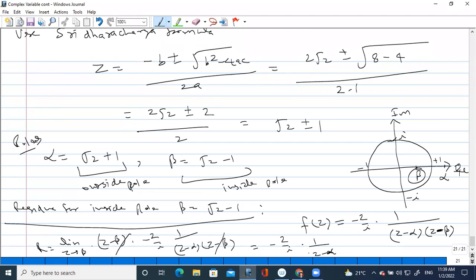Sorry, Z I am writing beta, so it will be beta minus alpha. So what is the value of beta minus alpha? Beta minus alpha will be √2 will be cancelled. Answer is minus 2. So minus 2 to minus 2 cancel. So answer will be 1 upon I. Note down up to here.